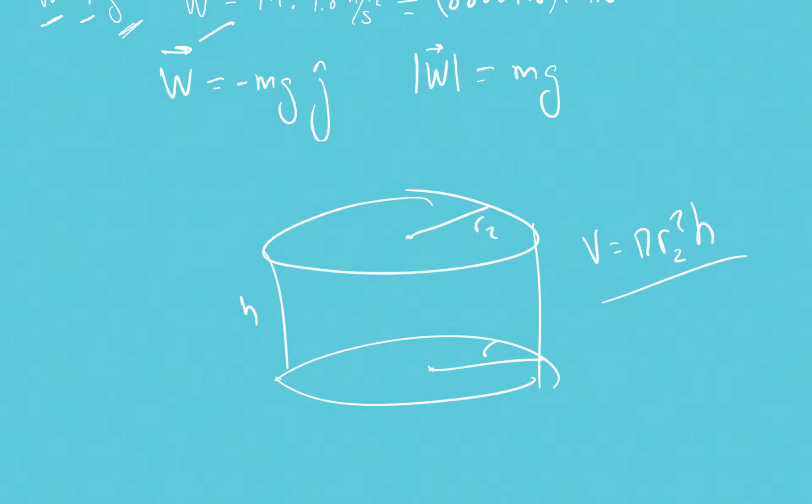Now, if you create a hole, you need to subtract the volume of the hole. The volume 1 will be pi r1 squared by h. And subtracting V2 minus V1, you find the total volume of this object. And the problem is done. Let's go to the next one.